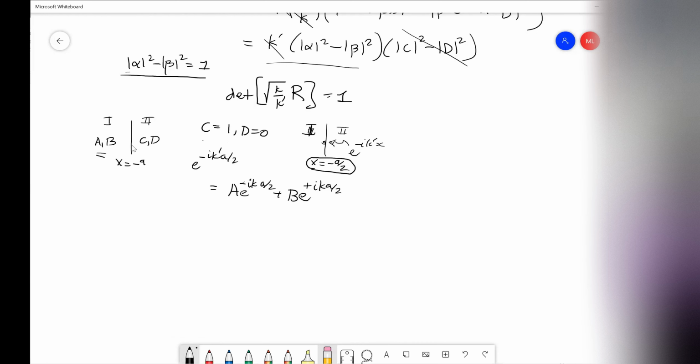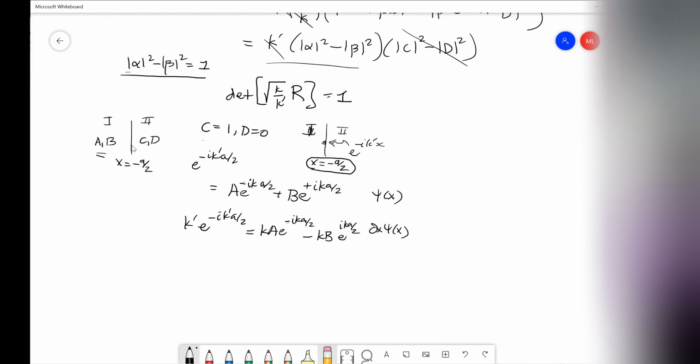So minus a over 2, you get this for the C portion, there's no D, and then this is for these guys. You would also get from the derivative of psi, that matching condition, you would get k prime e to the minus i k prime a over 2 is equal to k A e to the minus i k a over 2 minus k B e to the i k a over 2.